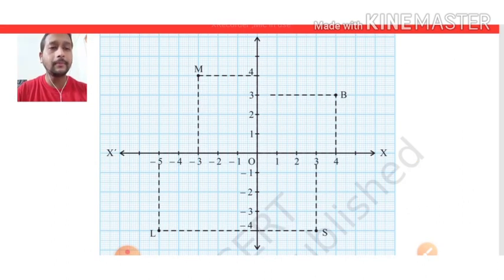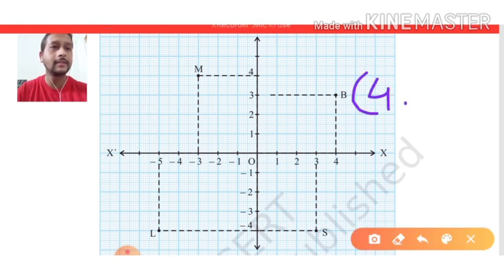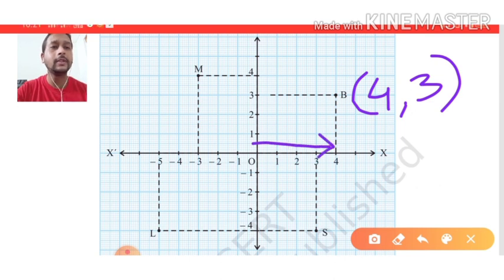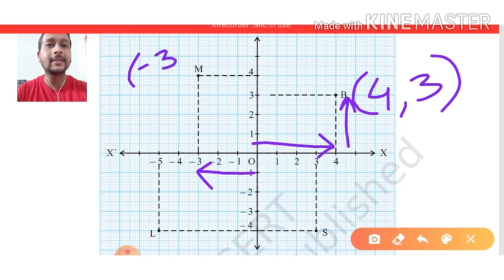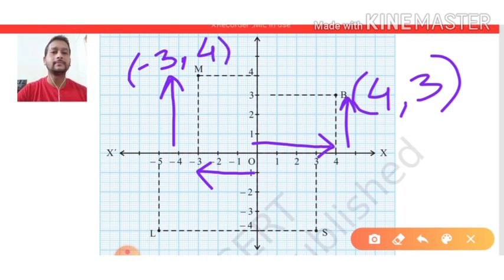Now see, we can plot the points on the graph paper. This point B here is (4, 3). How do we know? We went from here 4 units along x, and then above we went 3 units, so it is (4, 3). For this point, at first you go on the x axis to minus 3, and then above 1, 2, 3, 4 till here, so it is (-3, 4).